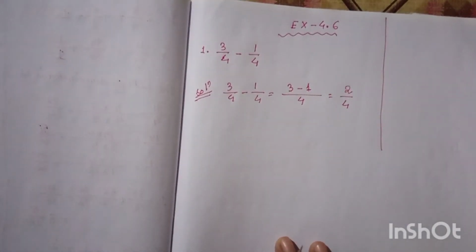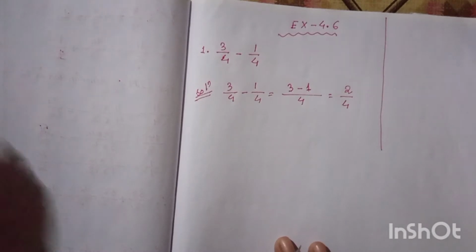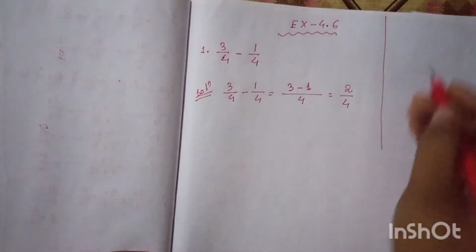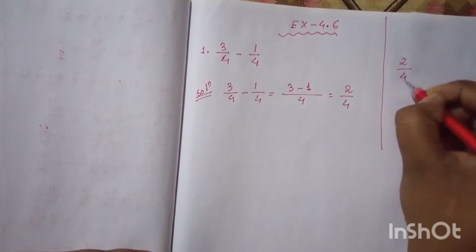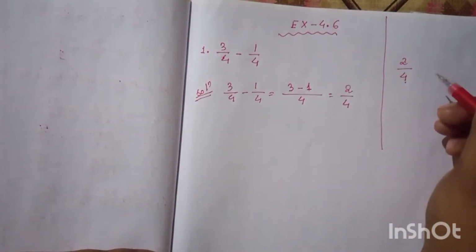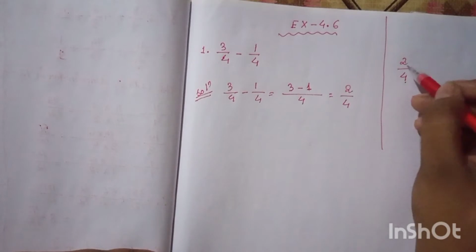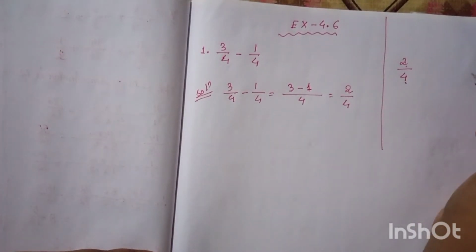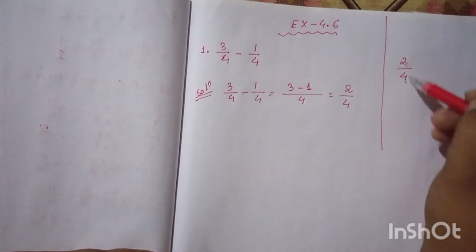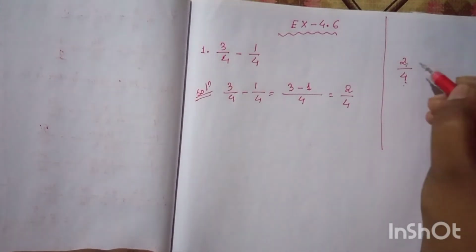Most of you did not understand the last step of the answer. Generally the answer should be converted into the lowest term. So here we have 2 by 4 as our solution. You can see both numbers have one common factor, that is 2. That means both numbers can be divided by 2.